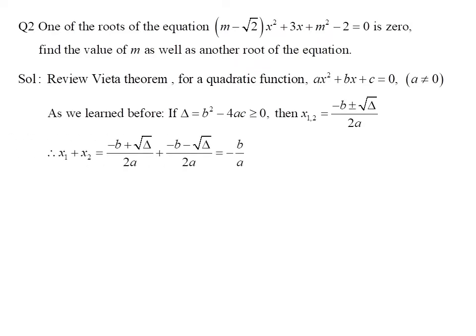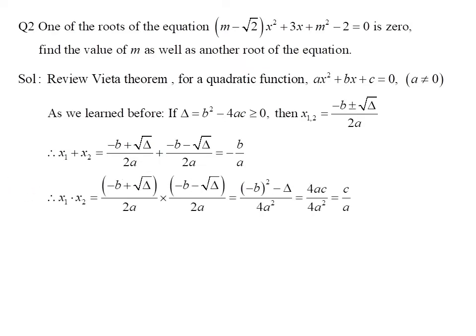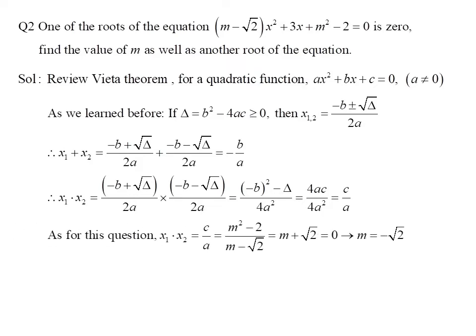Now, x1 plus x2 results in negative b over a, while x1 times x2 gives c over a. Since the question says one of the solutions is 0, c over a must be 0.